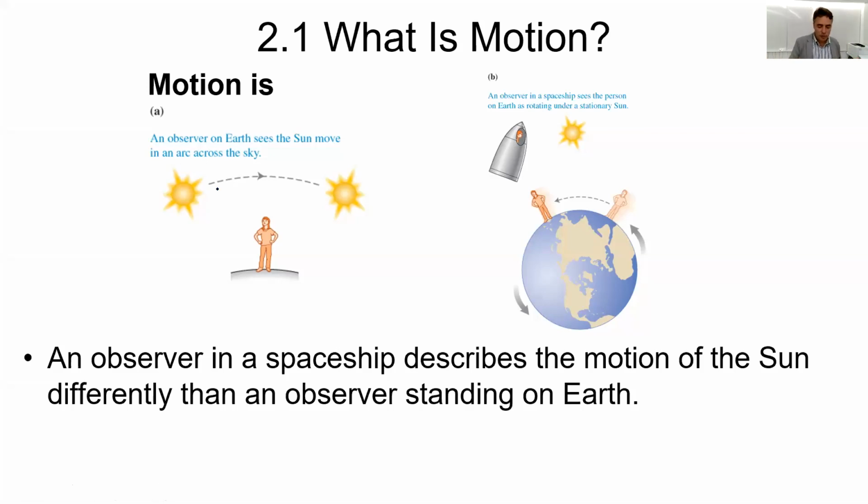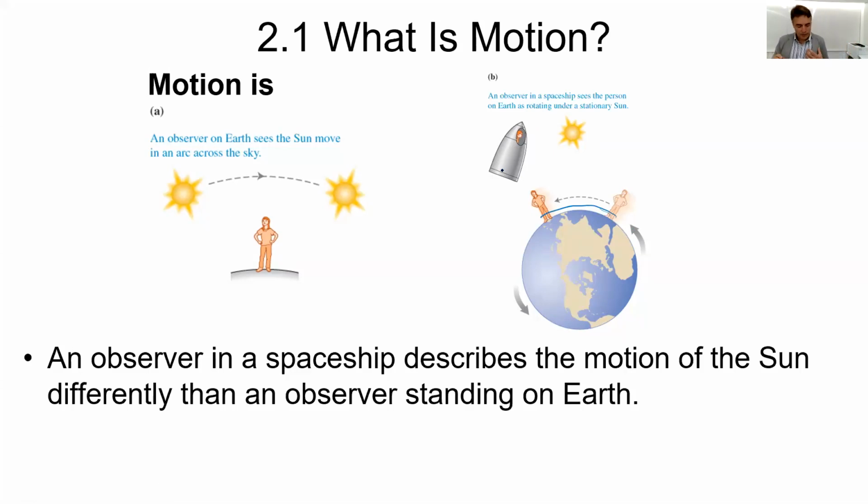So we have here an observer on Earth who sees the sun moving across the sky. The sun rises in the east, goes overhead and sets in the west. However, an observer out in deep space would see that the sun is just sitting there, and they would actually see that you as a person are standing on a rotating Earth, moving from west to east, so that the sun appears to be moving over your head from east to west.